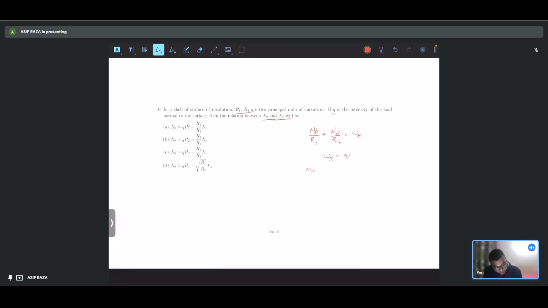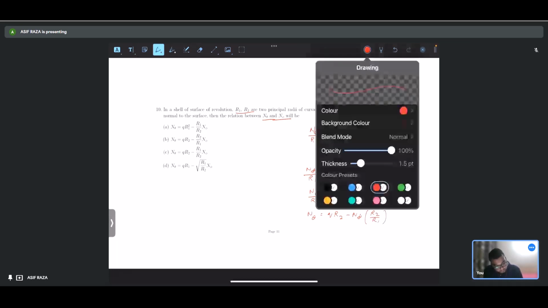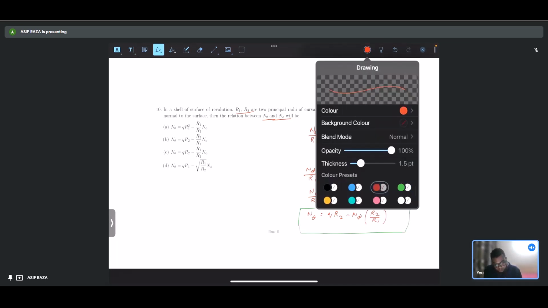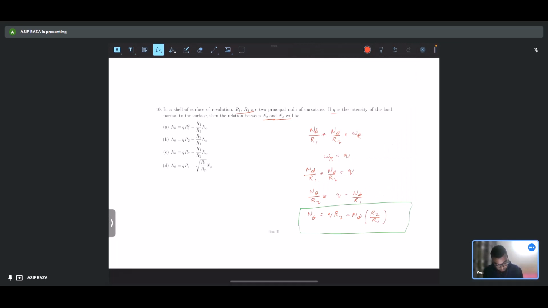So we can simplify: n phi upon R1 plus n theta upon R2 equals q, which gives n theta upon R2 equal to q minus n phi upon R1, and multiplying with R2 on both sides we get n theta equal to q R2 minus n phi R2 upon R1. This is my relation. Now let's match, and it matches with option B.